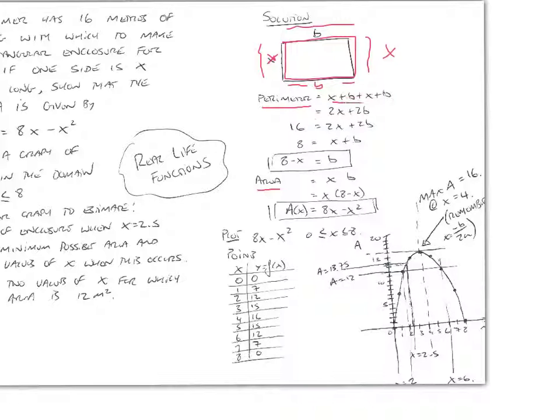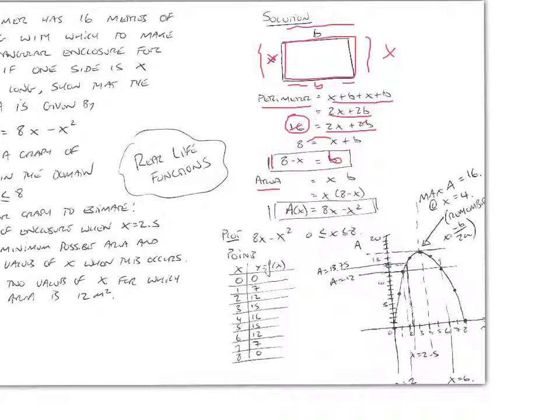So it's x plus b plus x plus b, which is 2x plus 2b, if we gather the like terms. The farmer has 16 metres of fence to work with, so that's all equal to 2x plus 2b. If we divide every term in the equation by 2, we get 8 is equal to x plus b. So b must be equal to 8 minus x.